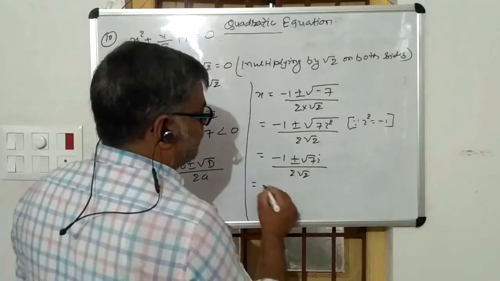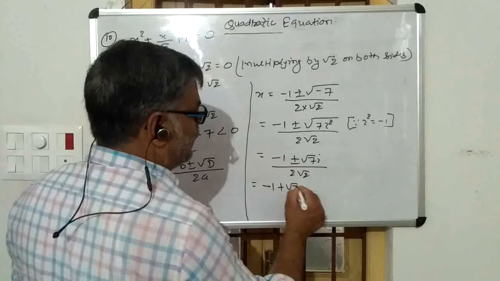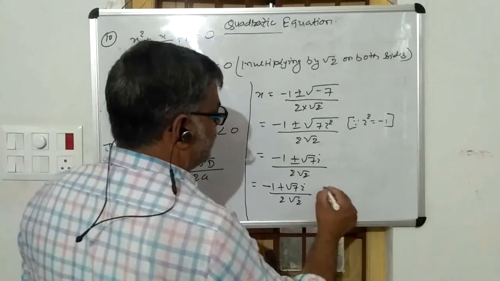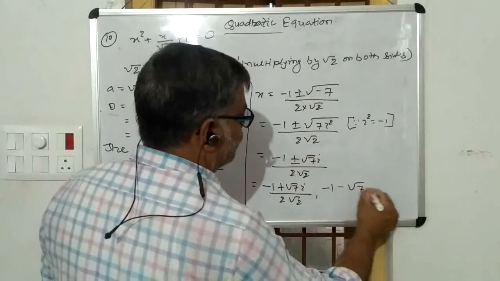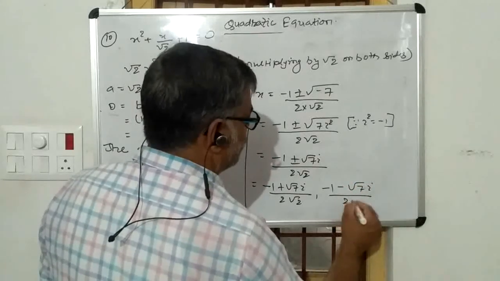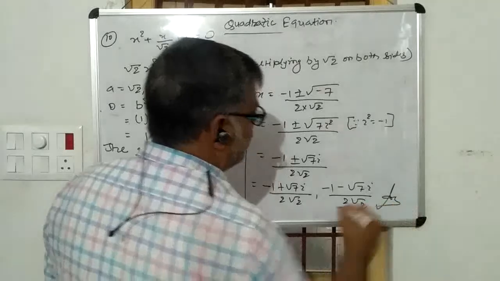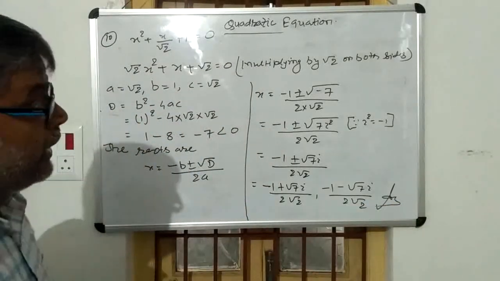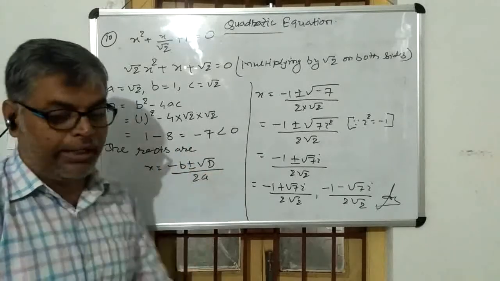So the roots are minus 1 plus root under 7i by 2 root 2 and minus 1 minus root 7i by 2 root 2. So these are the roots of the quadratic equation which you have to find.